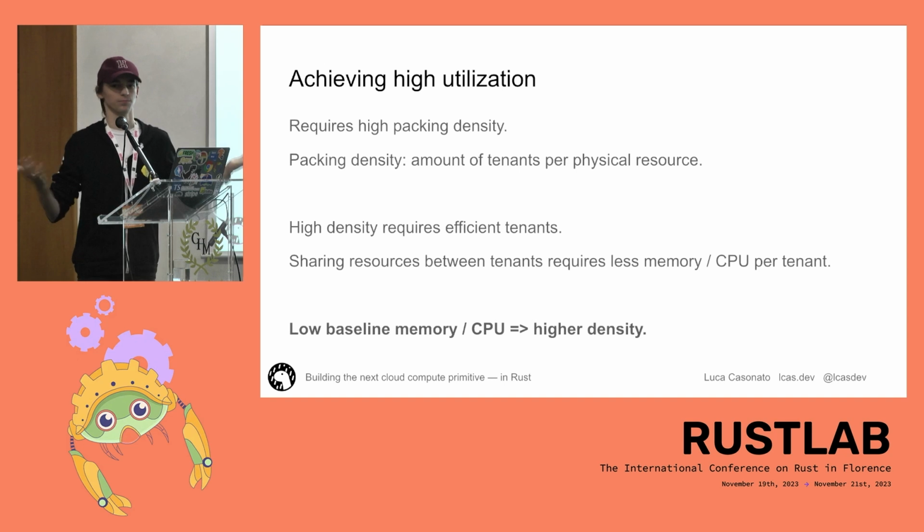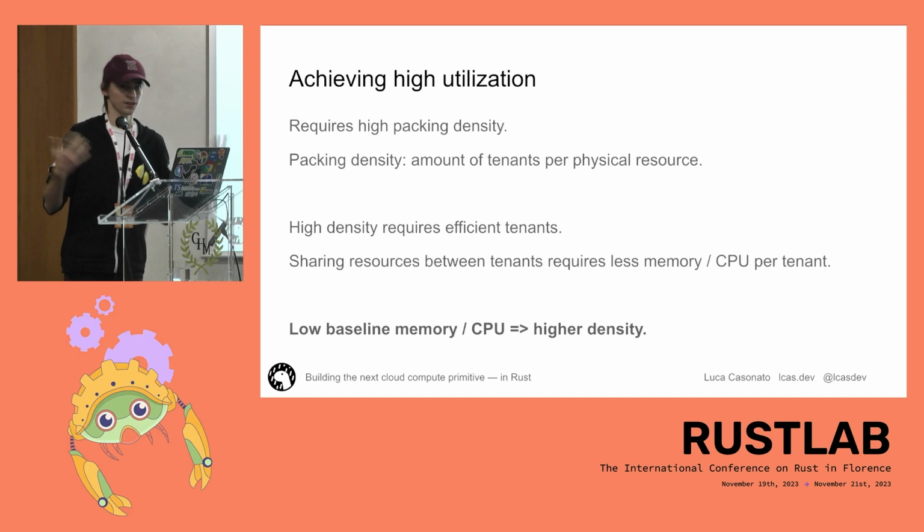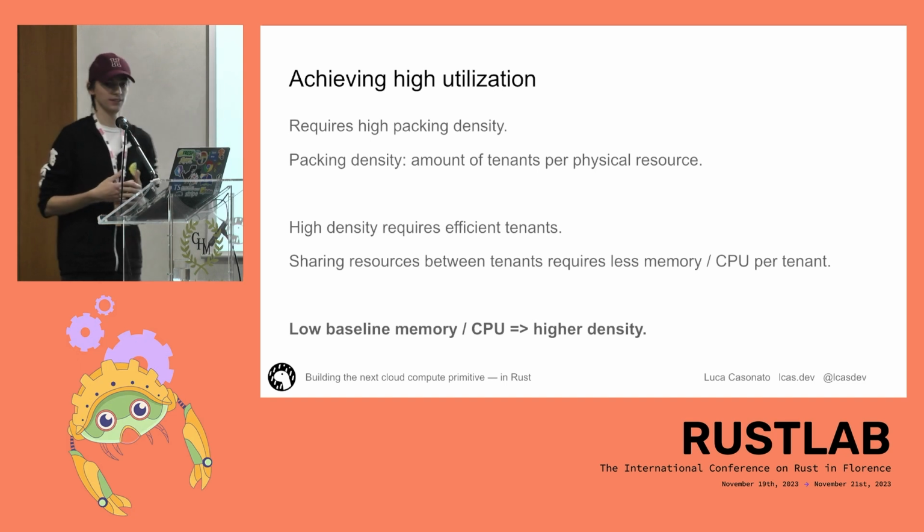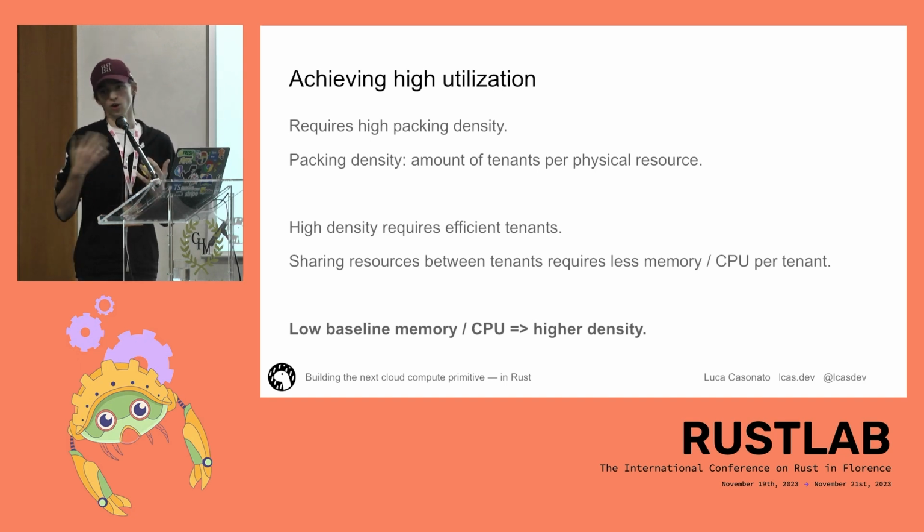It's just math, right? It doesn't work. Which means that the best way of achieving this is to let these tenants share resources with each other. So if they're all loading OpenSSL, I keep going back to this example, but it's easy, right? They all load the same version of OpenSSL. Actually, that only has to be stored in memory once, because it's read-only. The kernel can deal with everybody seeing their own version of OpenSSL, even though it's all backed by the same bit of memory.